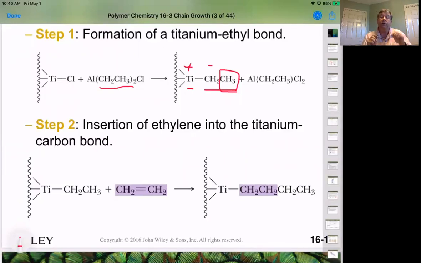So once we create this organometallic compound right here, what happens is instead of the radical reaction generating a radical, we have insertion of this into this carbon titanium bond. Notice the CH3 is still at the end of the chain, okay?